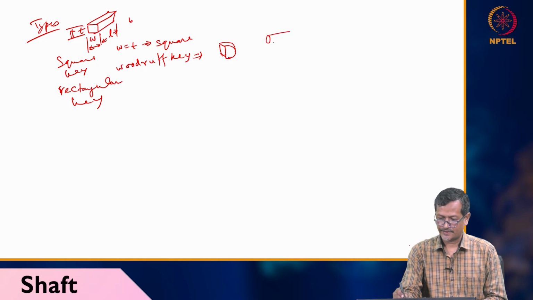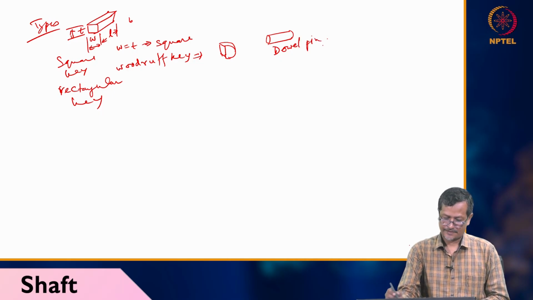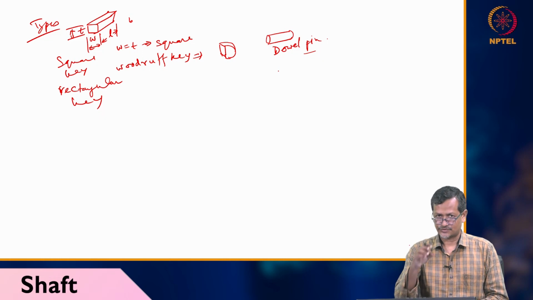One is the dowel pin, with a circular section. And one is the spline, which, as already said, can be square shaped, and other shapes are also possible.